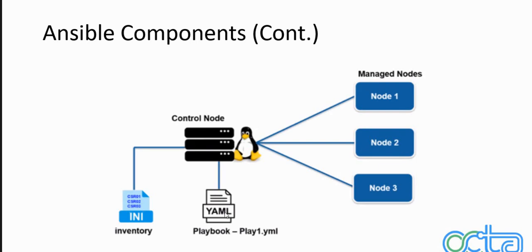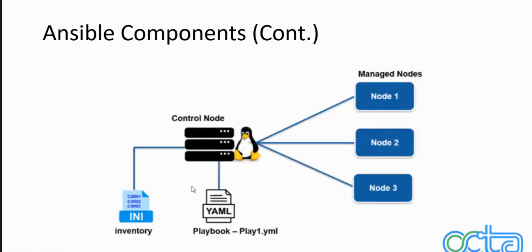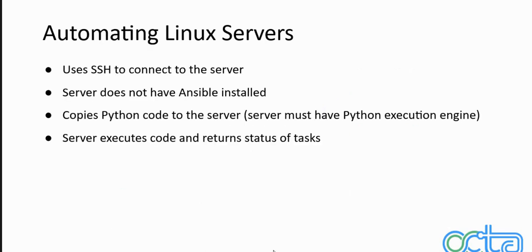It has another file known as playbook where the actual activity to be performed is mentioned. For example, configuring VLANs. Then it takes this inventory, goes on connecting to each machine, carries out these instructions, and then it finishes the task.